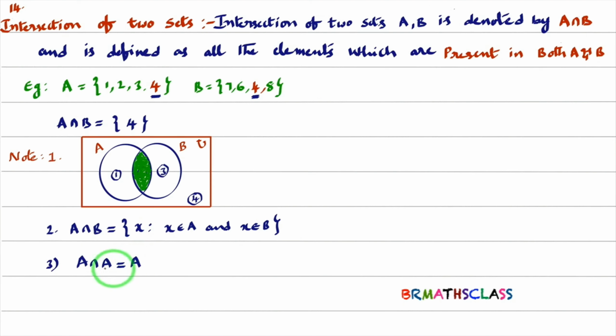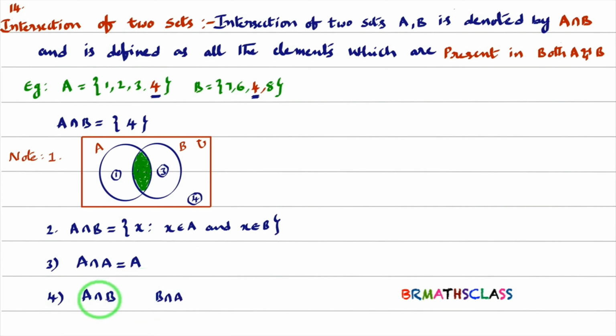You can observe that when we calculated A union A, at that time also we got A. When we do A intersection A, then also we will get A. Okay. Next, fourth point. What you can say about A intersection B and B intersection A? Is A intersection B same as B intersection A?